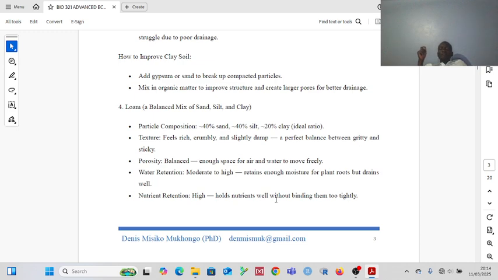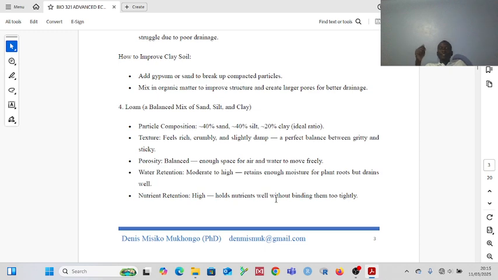In terms of porosity, the pores in loam soil are balanced. Meaning within the loam soil there is enough space for air, for aeration, because air needs to pass, but also for water to move freely. Because of the pores being balanced, the ability of loam soil to retain water is moderate to high.